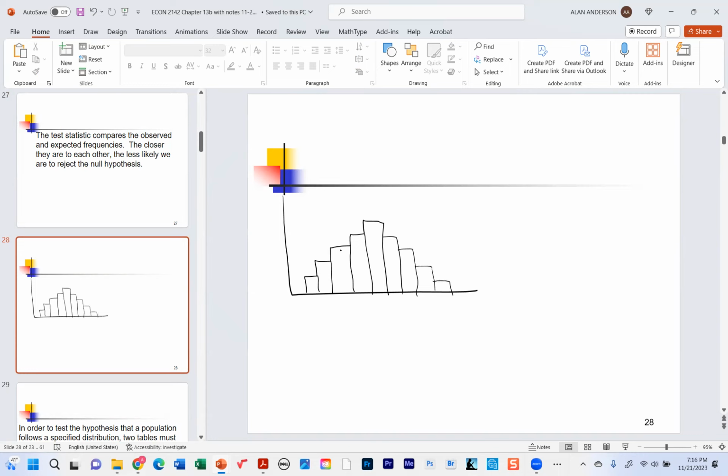So this is a special type of graph called a histogram, where the results are put into categories.